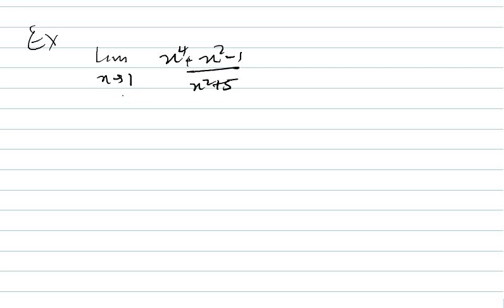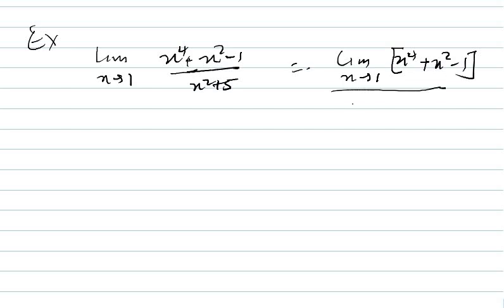What you need to do is, anywhere you see x, just replace it with 1. But first you have to distribute it, since it's a quotient. We can say the limit as x approaches 1 of x to the power 4 plus x squared minus 1, and for the denominator the limit as x approaches 1 of x squared plus 5.